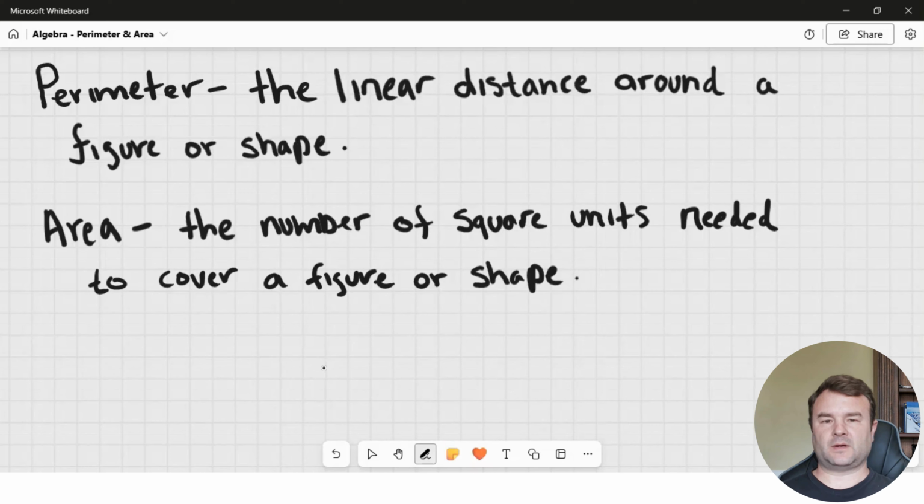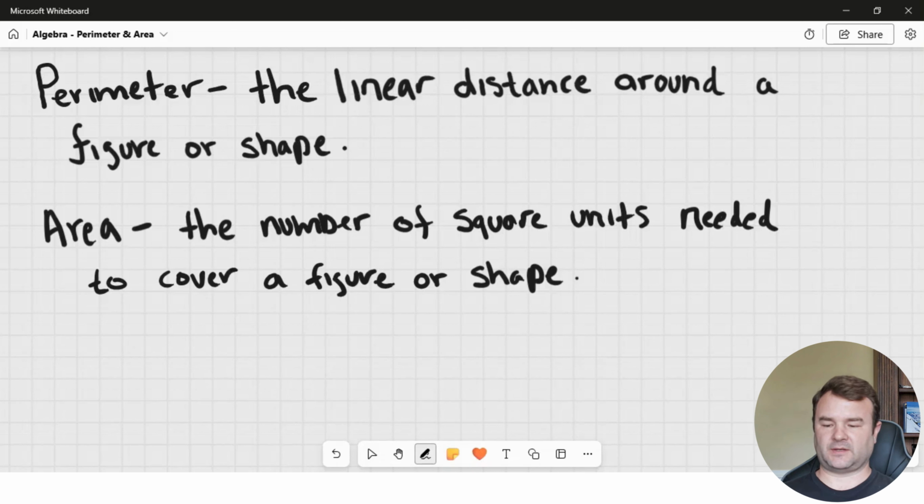All right. So here I talk about what perimeter is, and it's basically the distance around a figure or shape. But I said it's the linear distance. But that doesn't apply to a shape such as a circle. So for a circle, the distance around that shape is referred to as circumference.